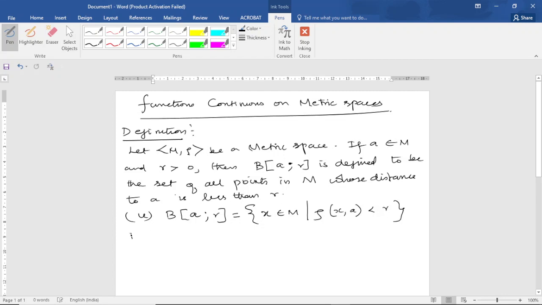Here we say that B(A; R) is called an open ball of radius R about the center A. About the same center we can construct an infinite number of open balls, with the radius varying.